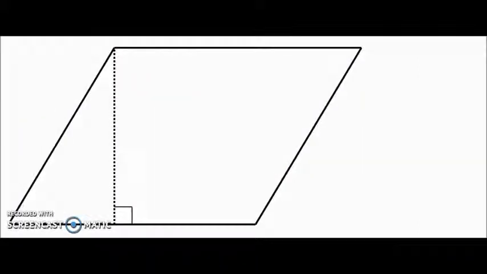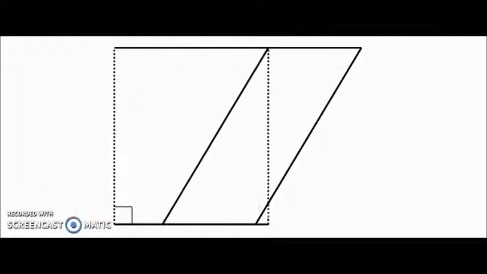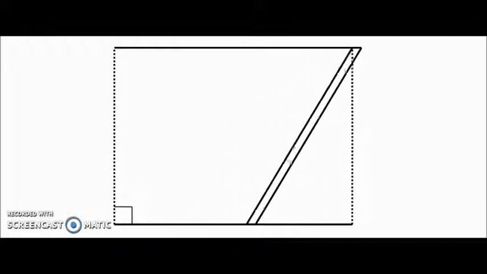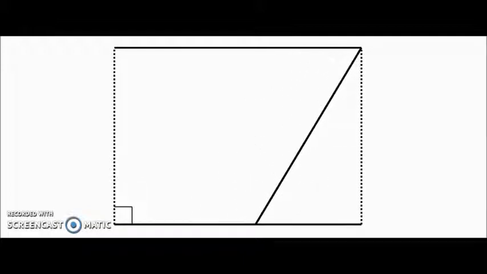So this is a magnified version of our parallelogram. If we were to cut along the height of the parallelogram, we could move it to the other side of the parallelogram, and it would line up to look just like a rectangle.